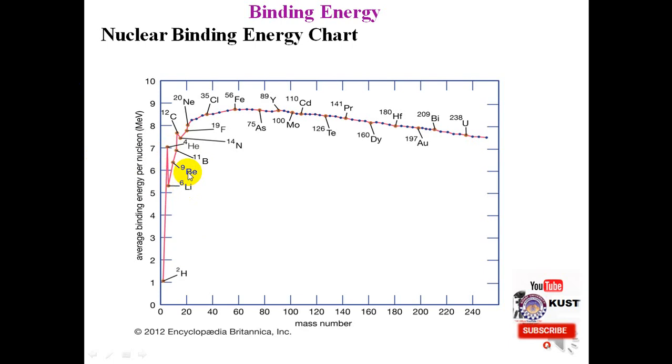In beryllium, there is a pair of protons but unpaired neutrons. So that's why the binding energy of helium is also higher than beryllium. In boron, there is a pair of neutrons present, however the protons are unpaired.